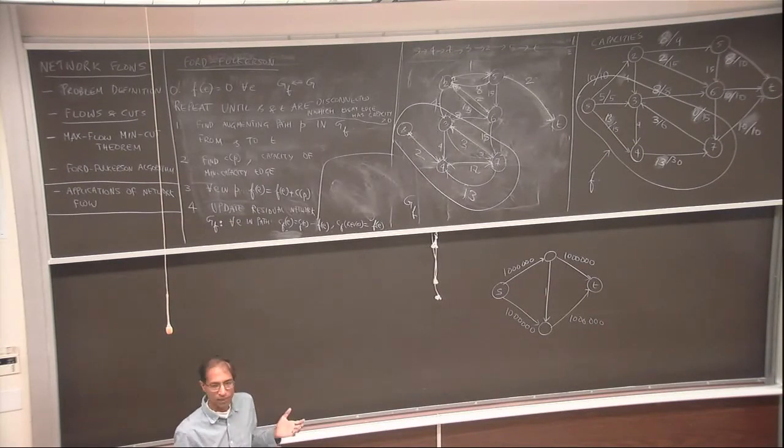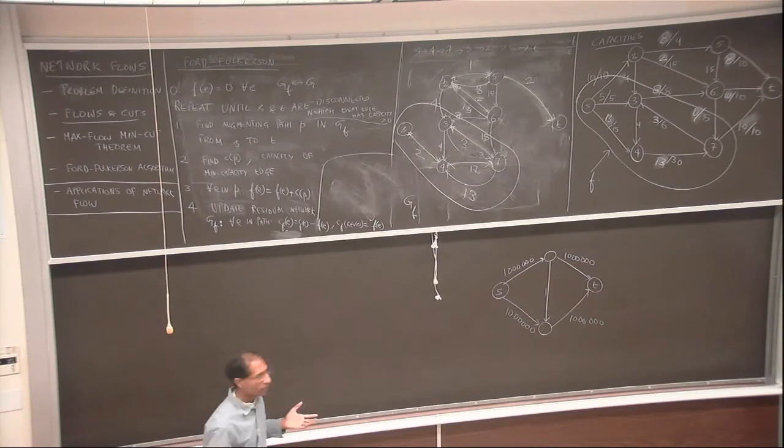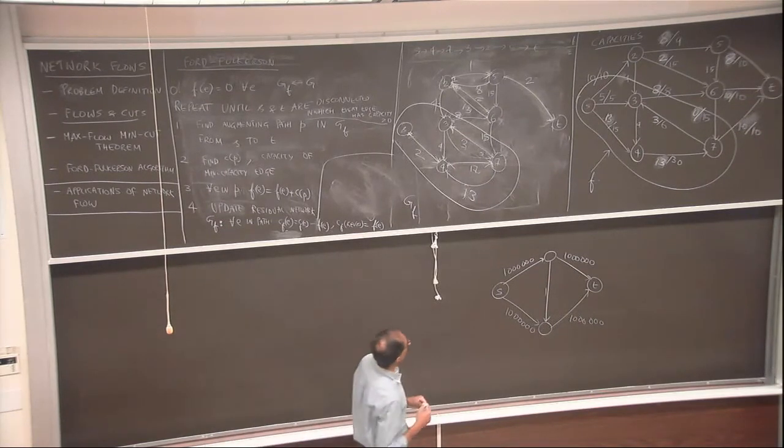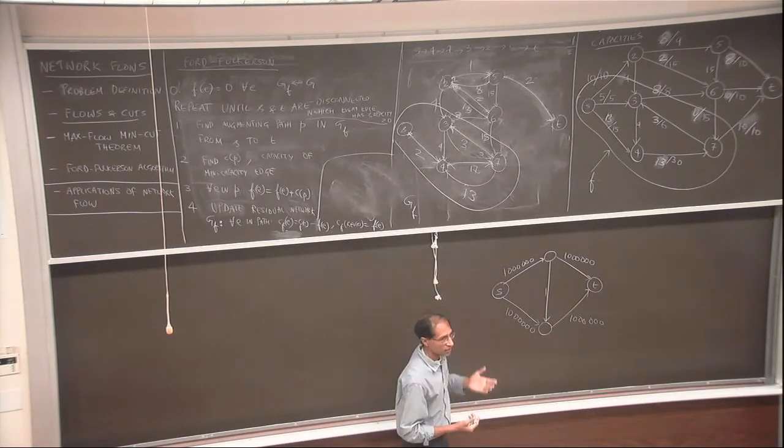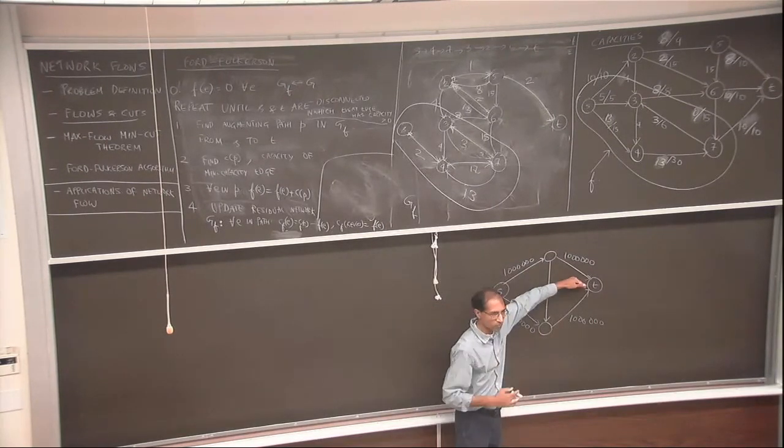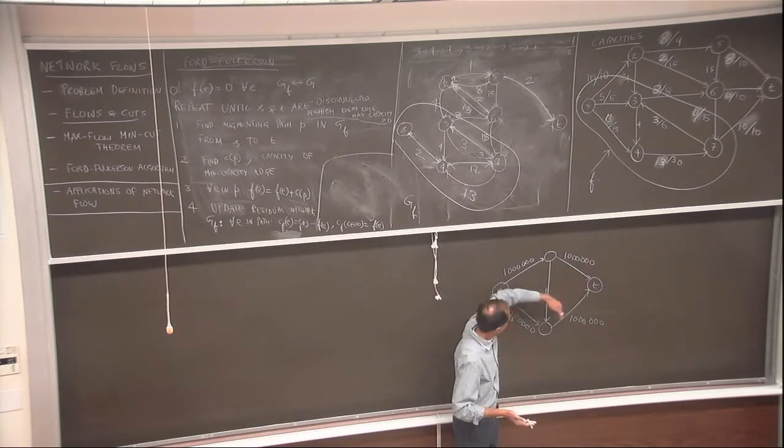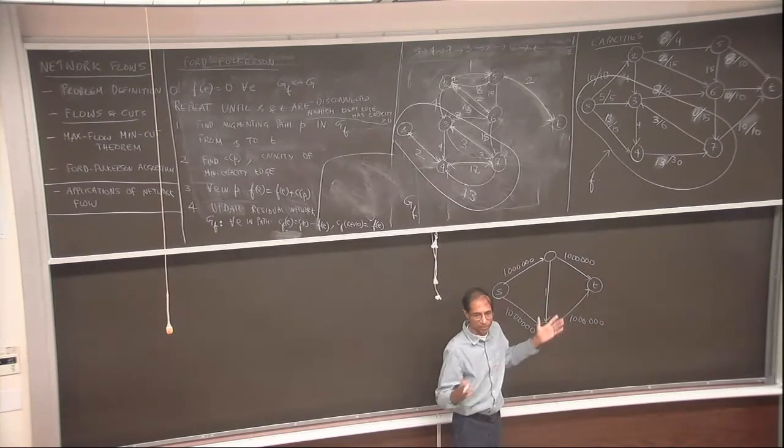What is the value of the maximum flow? 2 million. Let's run our Ford-Fulkerson algorithm on this. It will be here for a long time, I guarantee you. It just says find a path. If we pick this path, it's beautiful: we send a million units of flow in one step, a million in the second step, and you're done.